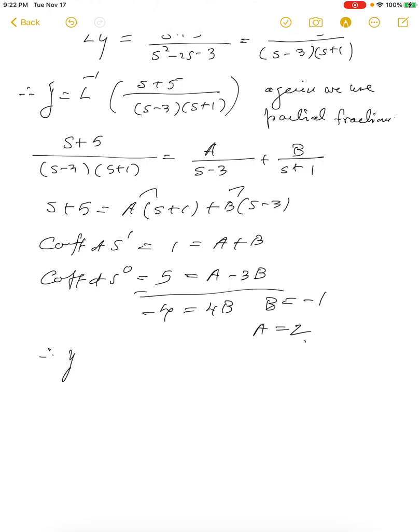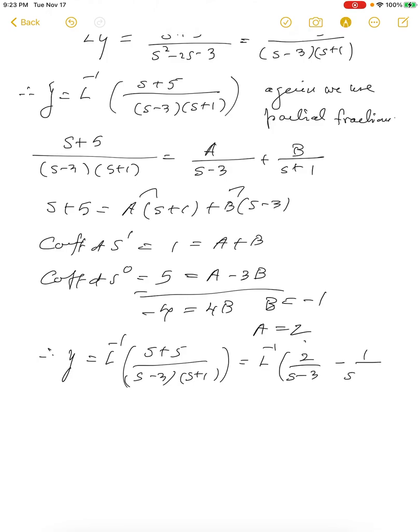So therefore y, which is L inverse of (s plus 5) over (s minus 3)(s plus 1), is L inverse of 2 over (s minus 3) minus 1 over (s plus 1).